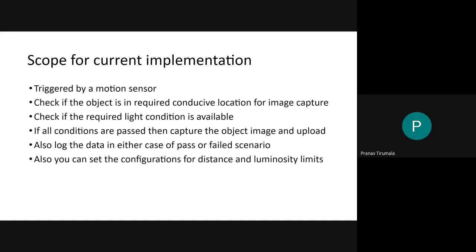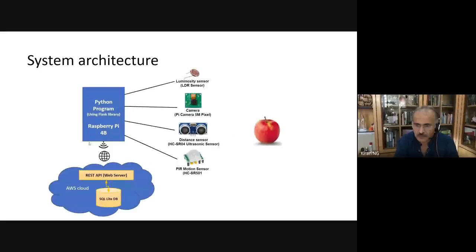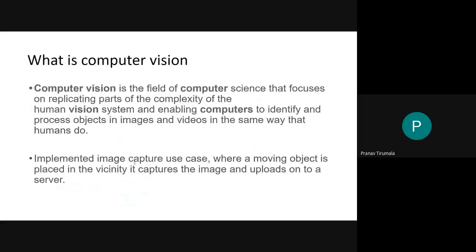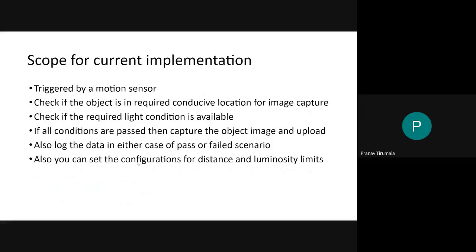And even if the condition is not good, if the lighting is not good or the distance is too far or too near, it says pass or fail and sends the data to a database in the server. And you can even configure the optimal distance and luminosity limits before running the program.